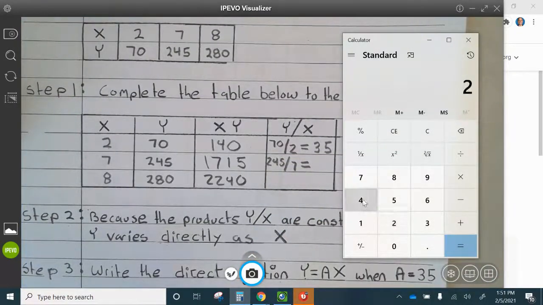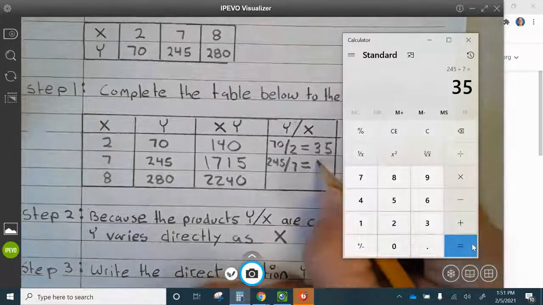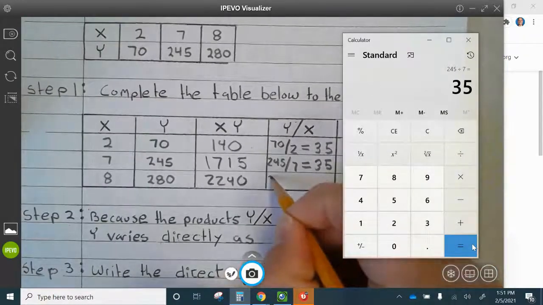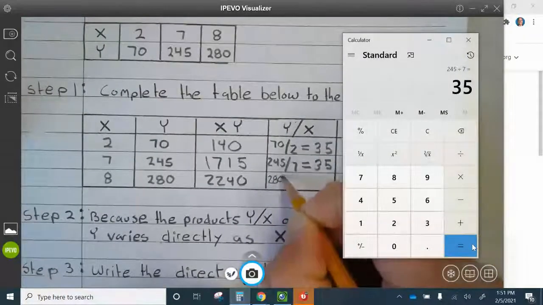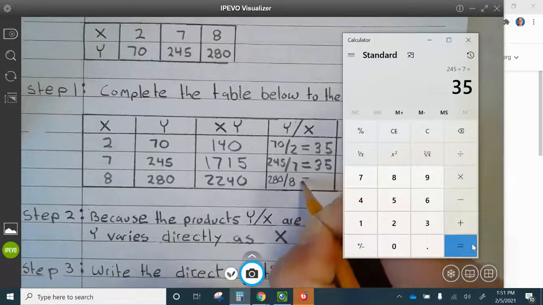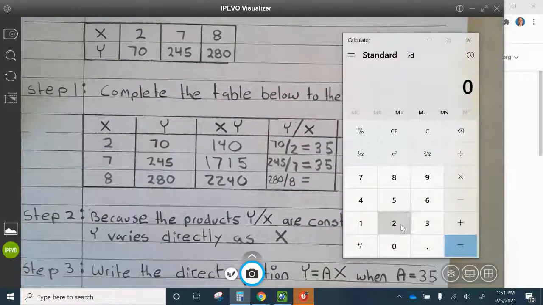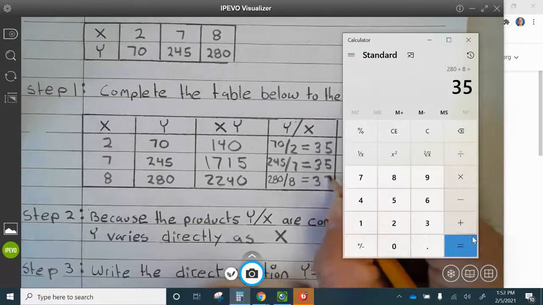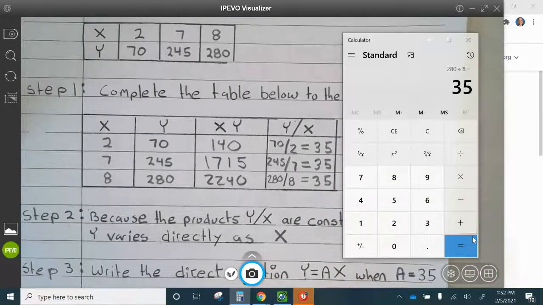So 245 divided by 7 is 35. And then we're going to do 280 divided by 8. So 280 divided by 8 equals 35. Okay?